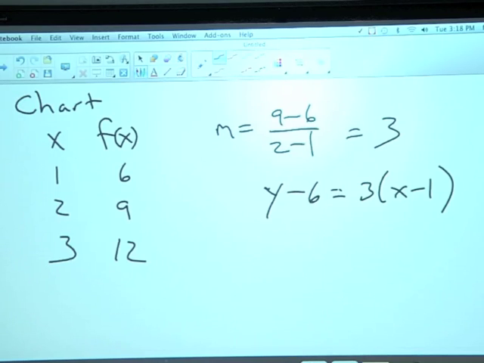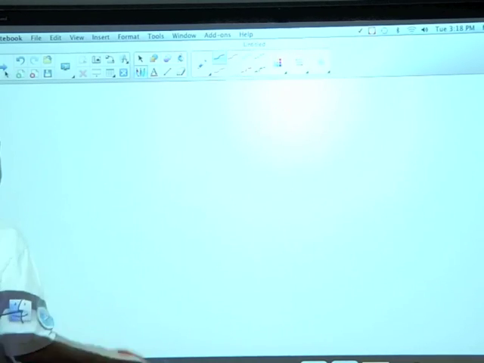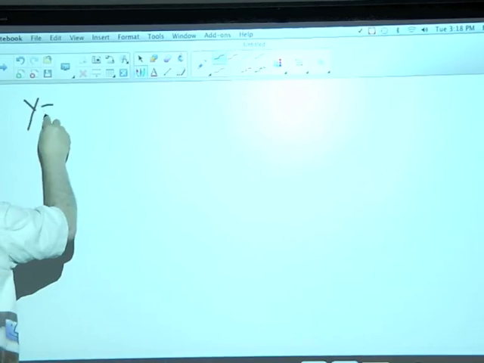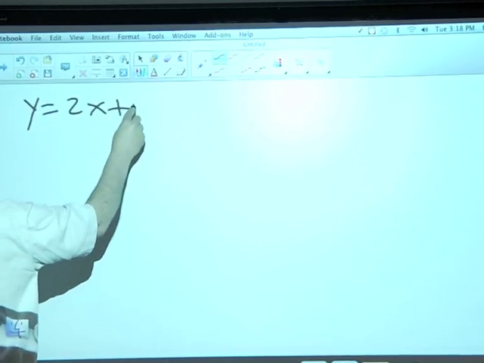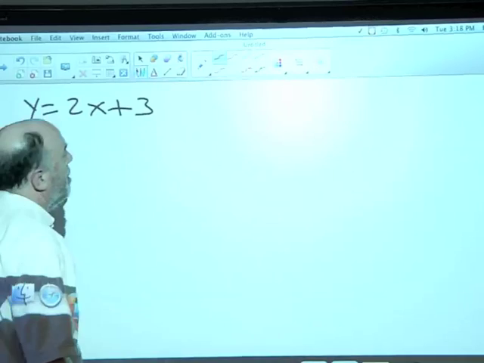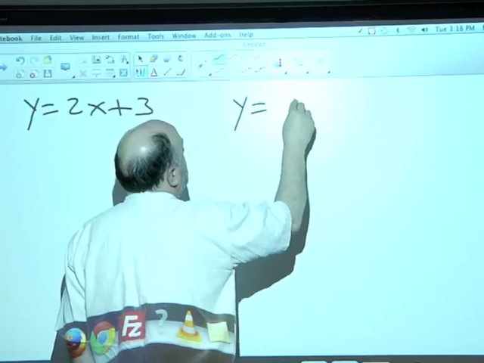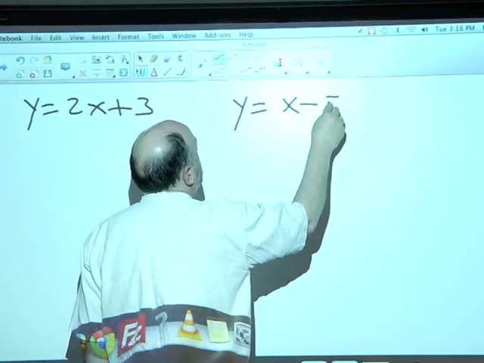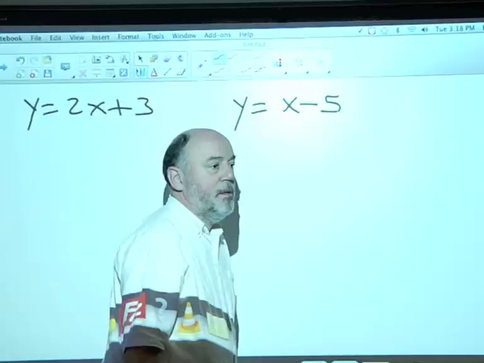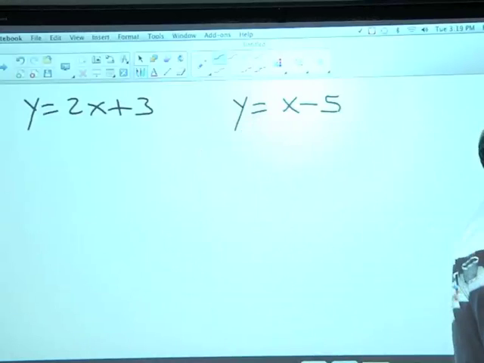Other things. So let's say I have this. So what was the answer to that one? Well, again, once you know what the slopes are, you just compare them. If they have the same slope, then the two lines are parallel.